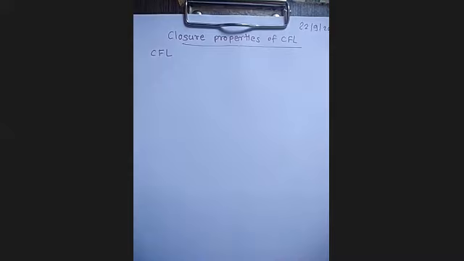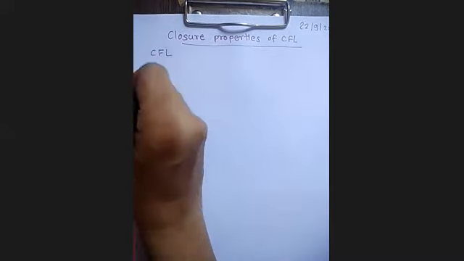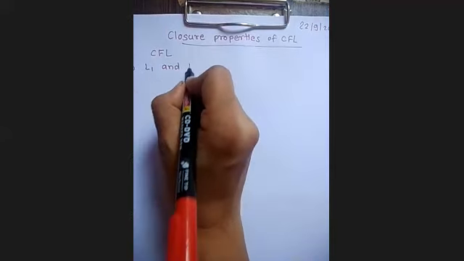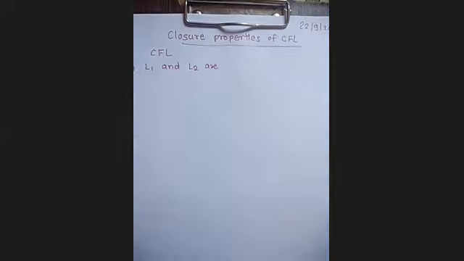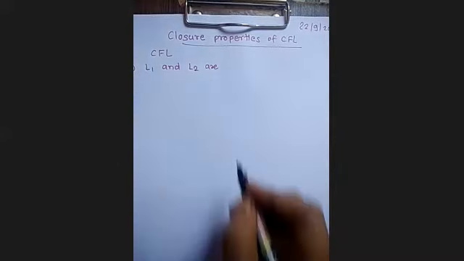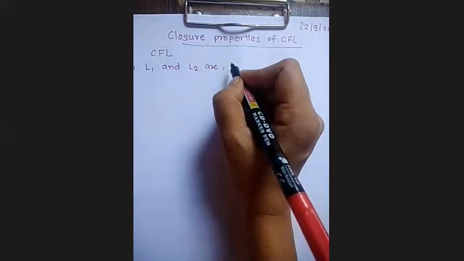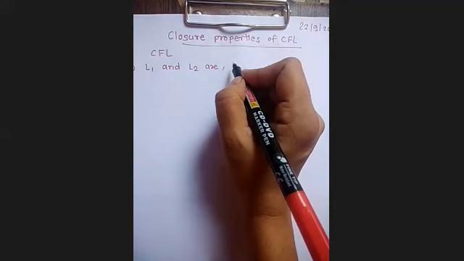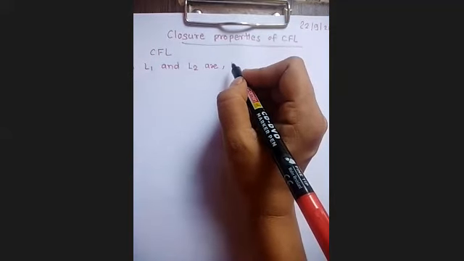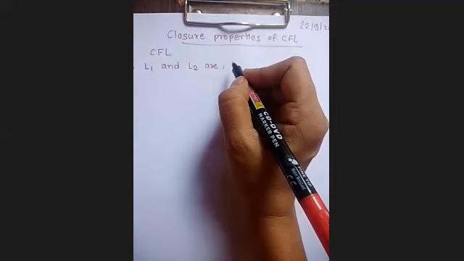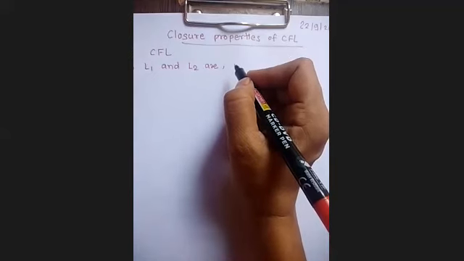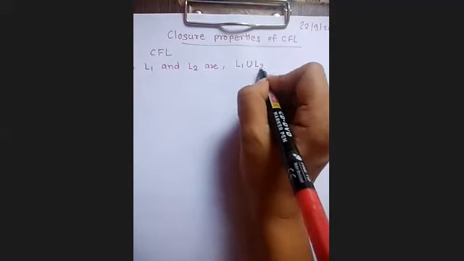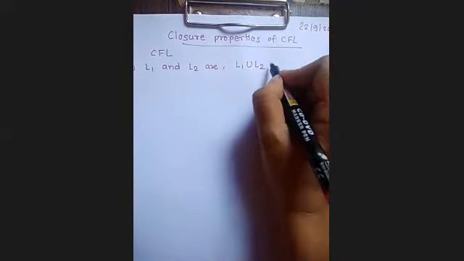If L1 and L2 are CFLs, then their union L1 union L2 is also a CFL.